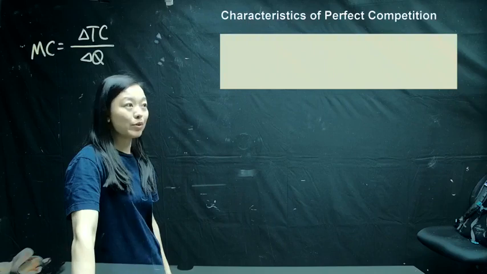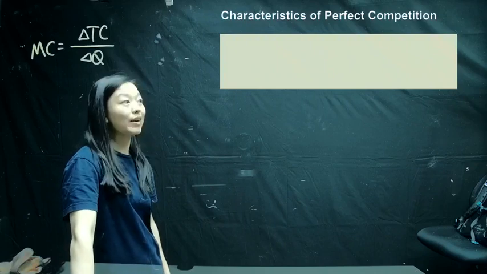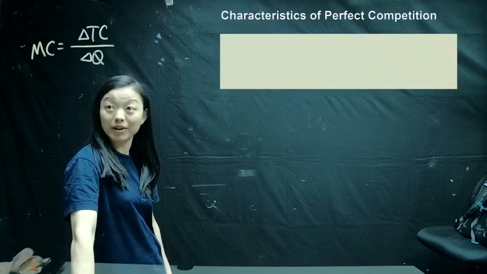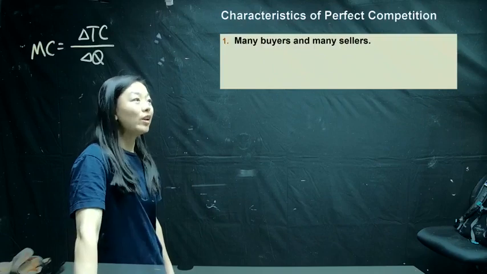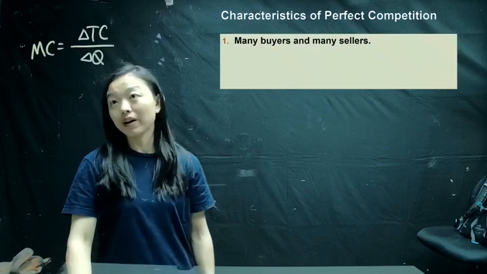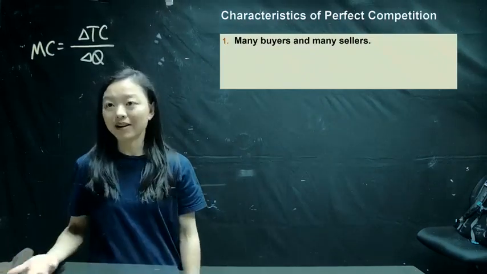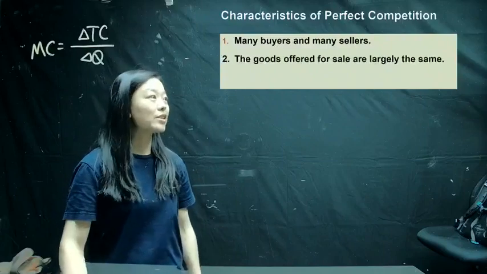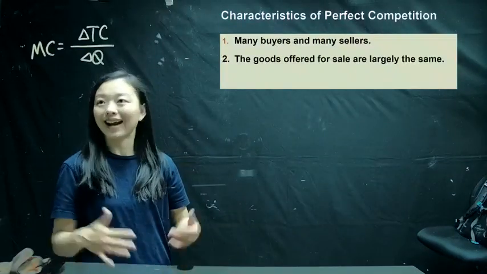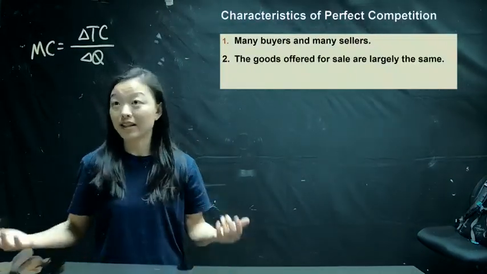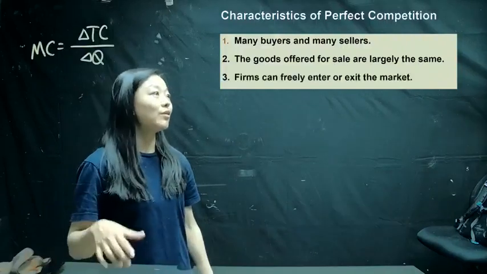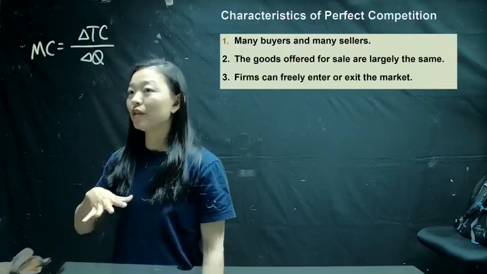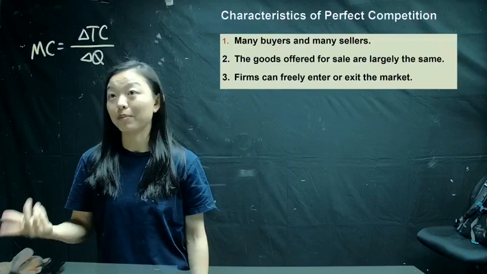First, let's review what we have learned before about the characteristics of perfect competition. We know in perfectly competitive markets, we have many buyers and sellers, and they offer identical products. Firms face no barriers to entry or exit in the market.